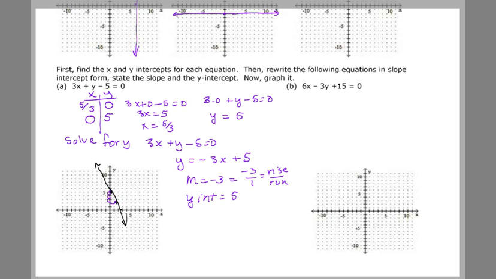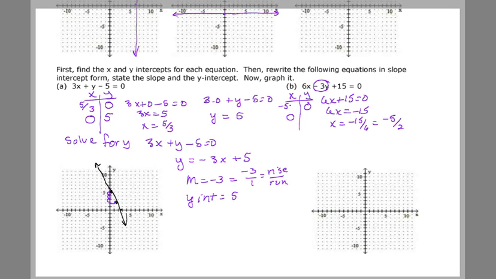Let's do the same thing with this one. Let's go ahead and find the x and y-intercept. X-intercept, we let y be 0. Y-intercept, we let x be 0, and find those 2 points. So if y is equal to 0, I get 6x plus 15 equals 0. If I solve that, 6x equals negative 15. X is equal to negative 15 over 6, which reduces to negative 5/2.